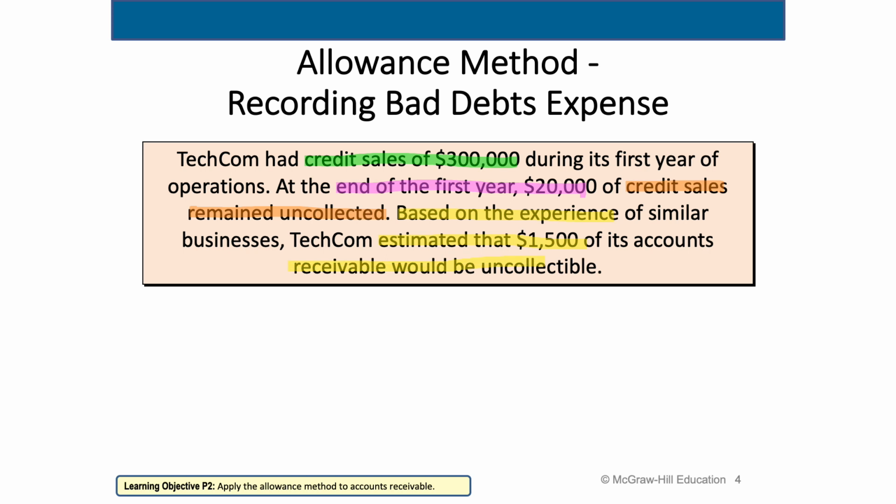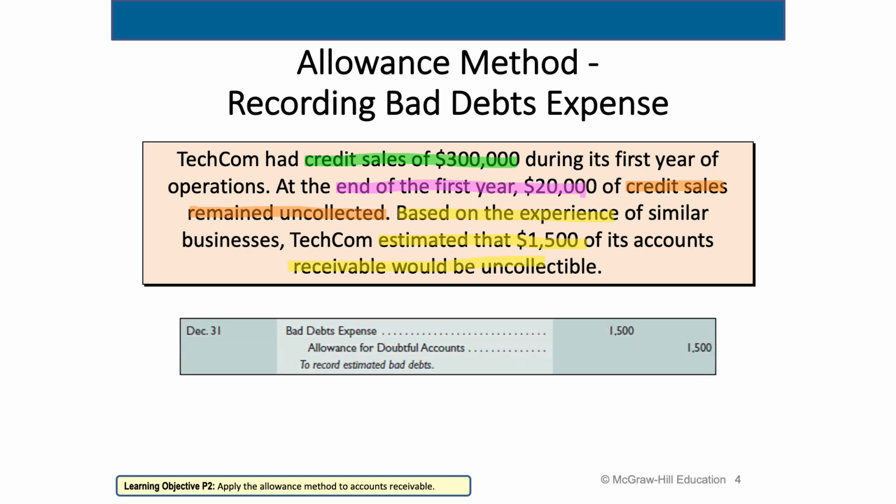We're going to say bad debt expense, my expense is going to increase, and allowance for doubtful accounts will increase. By how much? By 1,500. What is the 1,500? If you go to the question, you will see that this is the estimated number that we assume is not going to be collected from the account receivable.